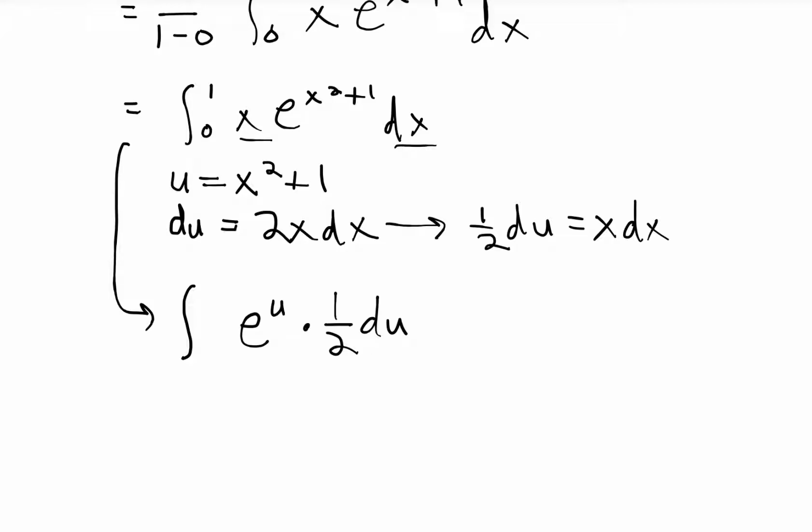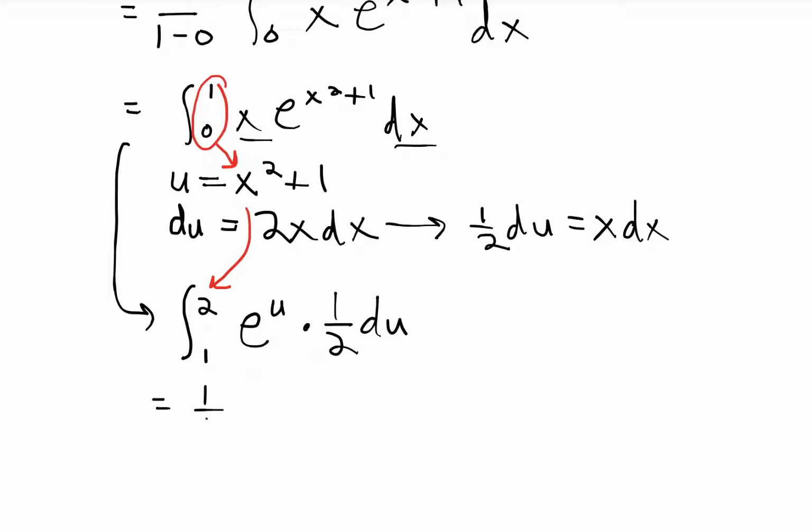The way that we do this is you basically want to take these bounds, stuff them into your u function, and that'll give you new bounds. So if I plug in 0 to u, this is 0 squared plus 1, I get 1. If I plug in 1 to u, it's 1 squared plus 1, I get 2. These are my new bounds. And at this point, I never have to go back to x.